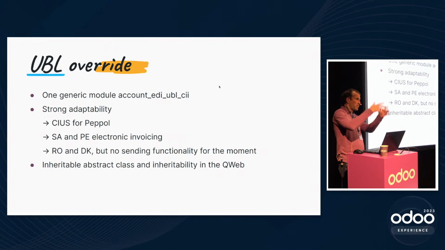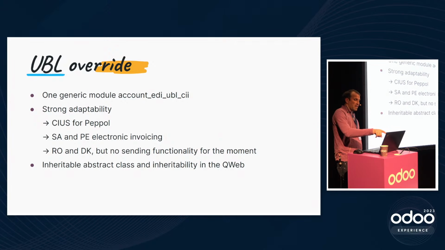For PEPPOL, you have a quite rigid standard with BIS3, but every country can put in its little changes. We see that, for example, Saudi Arabia and Peru make quite a lot of changes to the standard. Romania and Denmark we are working on actively. I think we already have the format at least, which also has its specificities.